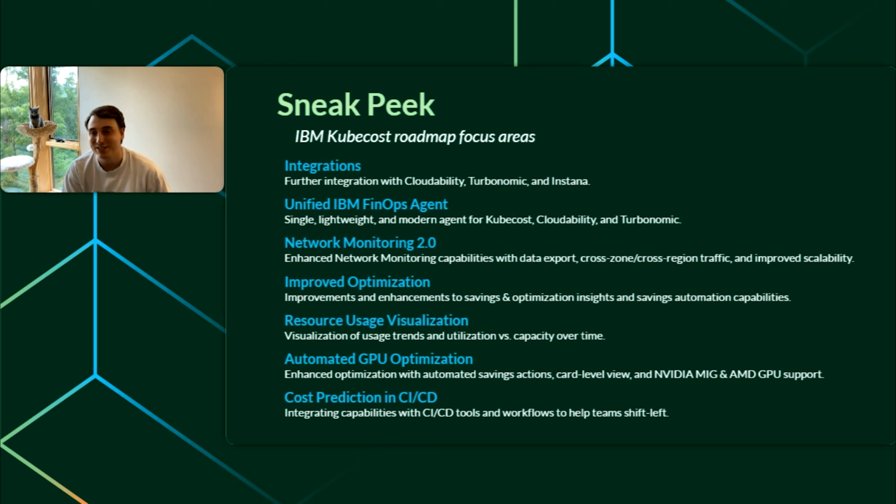GPU optimization, getting towards the end here. We launched advanced GPU cost monitoring in, I think it was, 2.4. We partnered with NVIDIA to build really granular GPU utilization metrics on top of the NVIDIA DCGM exporter.